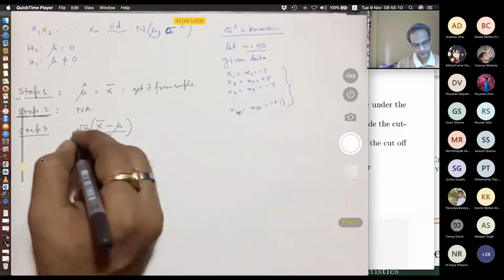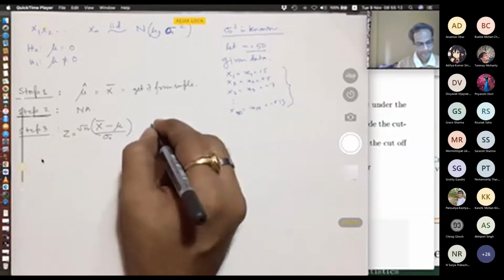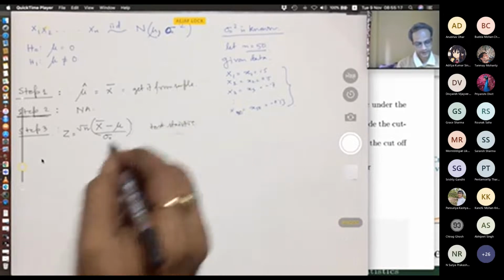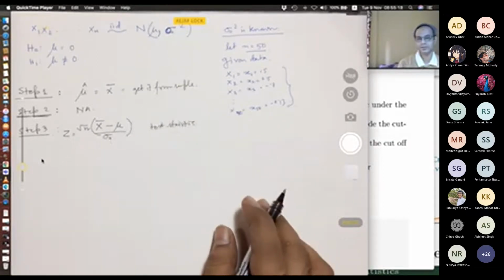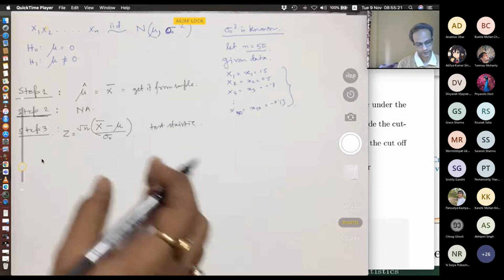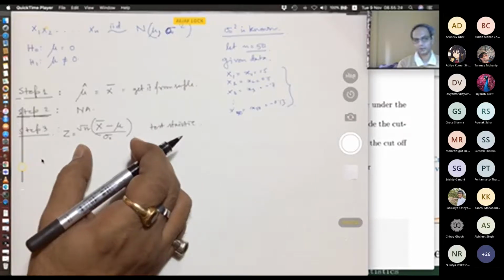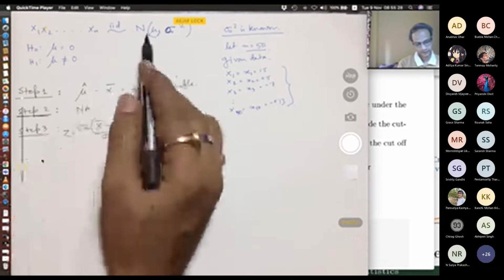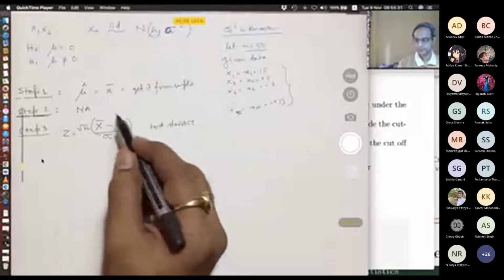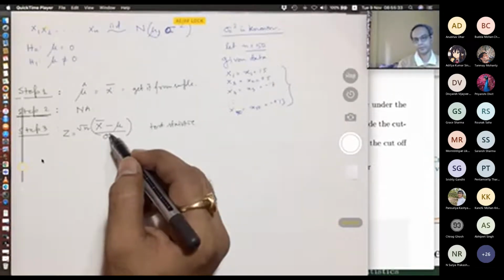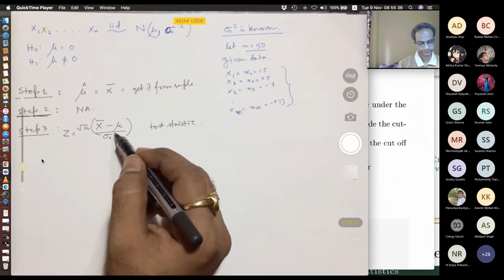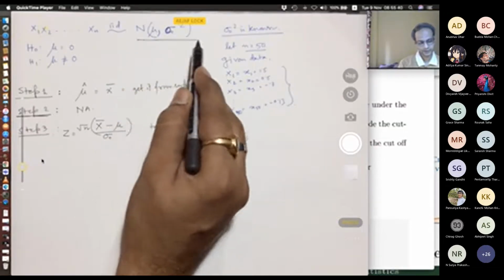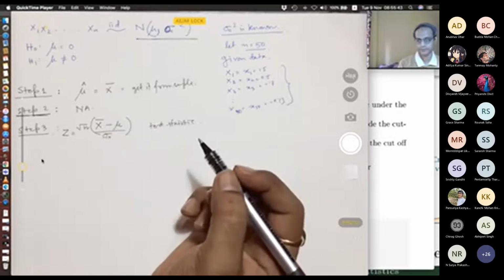So this is your test statistic. In any circumstances, it will follow normal 0, 1. That is why it is the test statistic. The pivoting I have done. Whatever the population may be, this statistic will follow normal 0, 1.